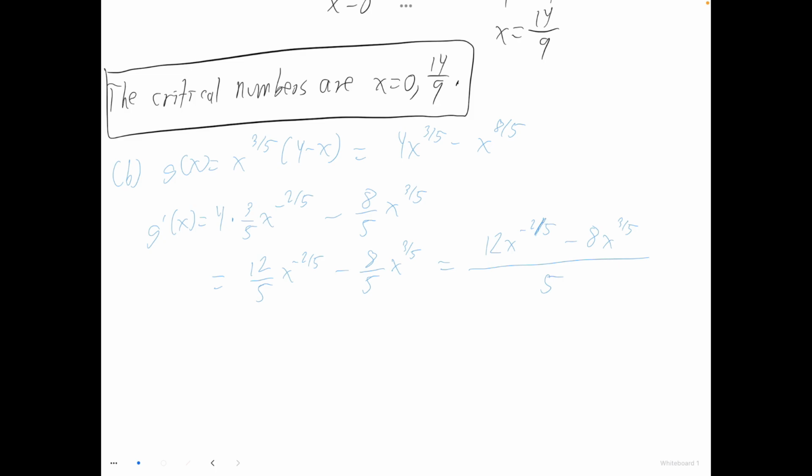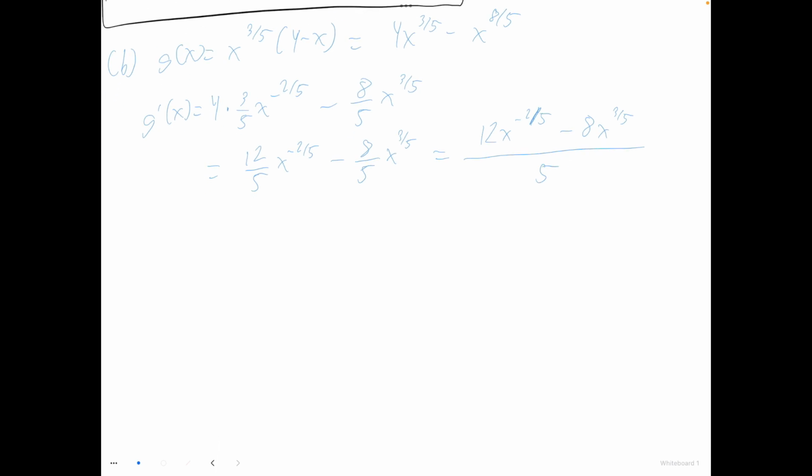But we want to know when this is 0 or not defined. So it's going to be easier if we rewrite it by unmixing the numerator. By unmixing it, I mean getting rid of the negative exponent we have in the numerator. So we've got g prime equals 12x to the minus 2/5 minus 8x to the 3/5 divided by 5. And I'm going to multiply the top and the bottom by x to the 2/5.